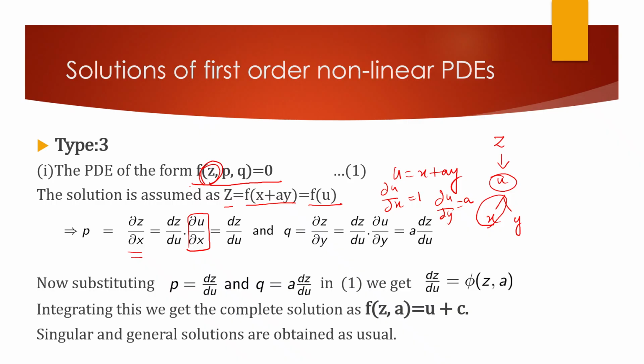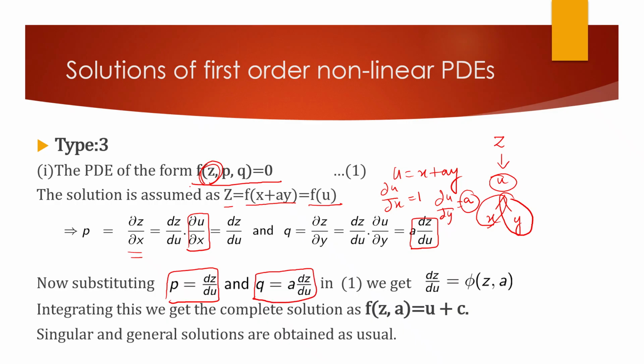Similarly, differentiation of z partially with respect to y means first we differentiate z with respect to u and then u with respect to y partially. So it is dz by du into dou u by dou y, but dou u by dou y is a, so dou z by dou y is a into dz by du. Here we substitute p as dz by du and q as a into dz by du in the given equation.